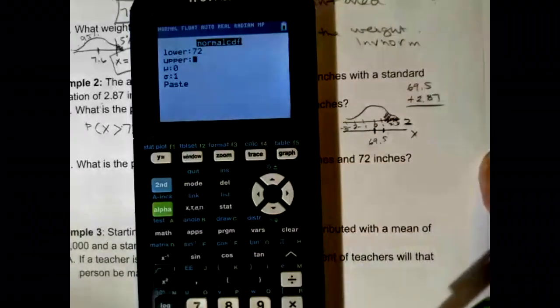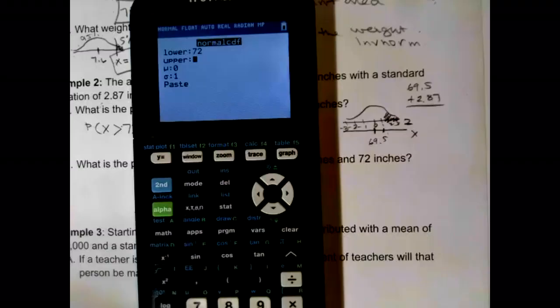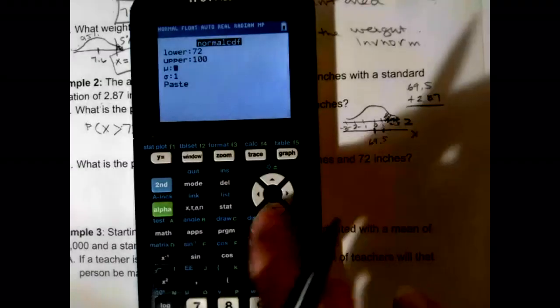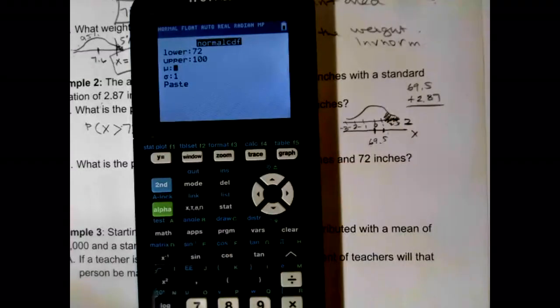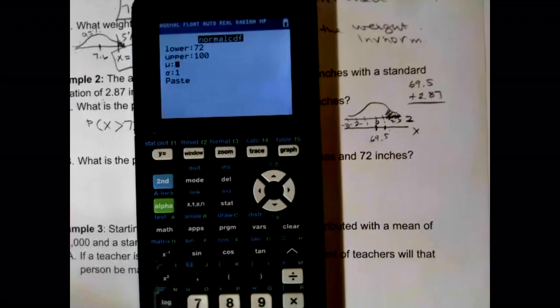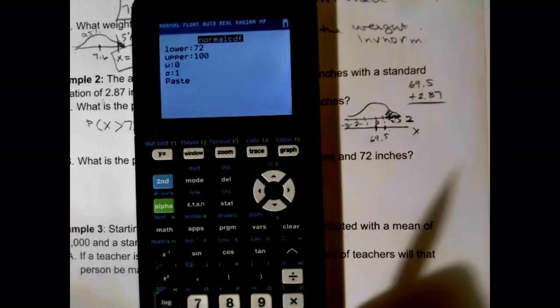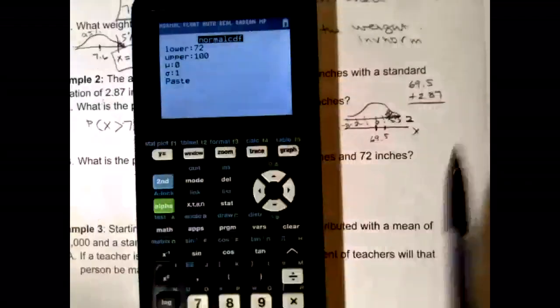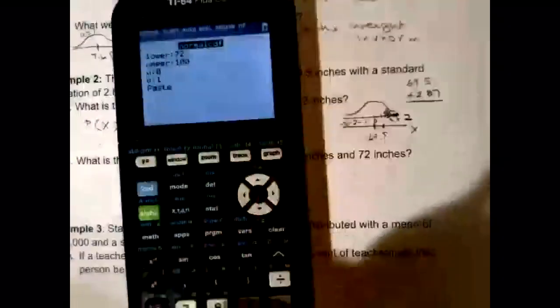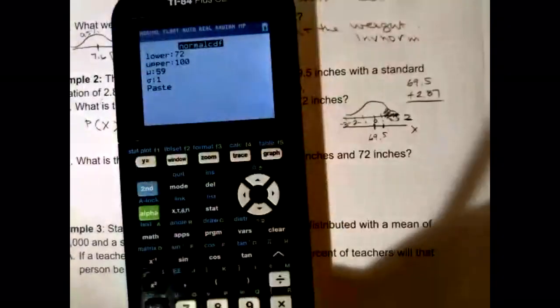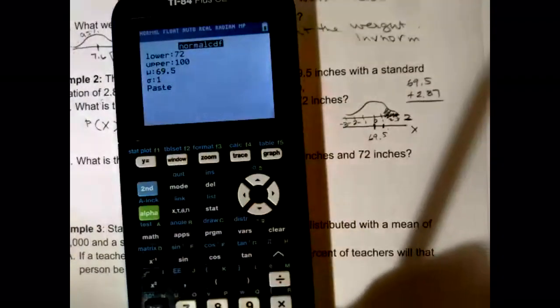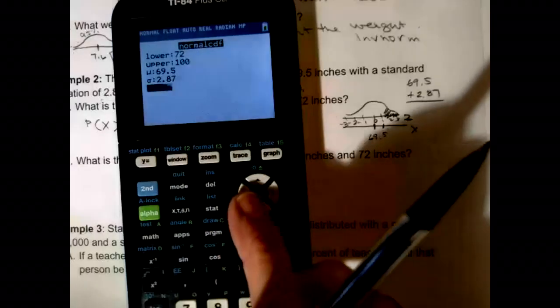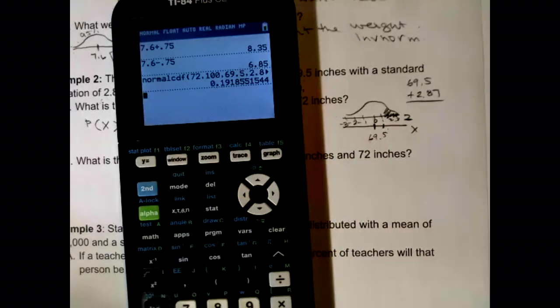I'm ending way out there. So, right, 100 is going to be more than enough to get you to the correct value for as many decimal places as your calculator will tell you. Mu in the question, 69.5. Sigma, 2.87. And we'll paste and we'll enter.